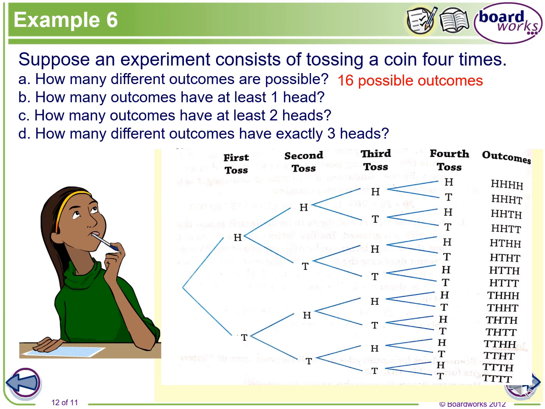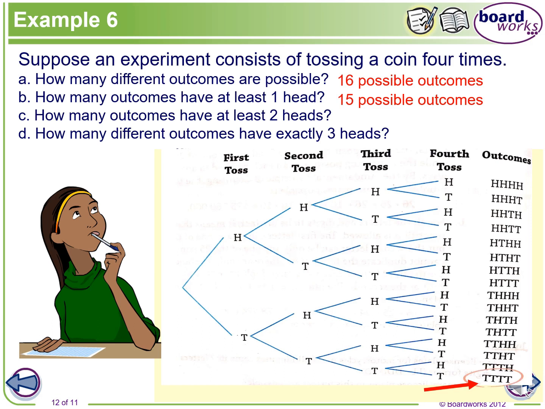Try to look at the outcomes there. Only one outcome is not possible for this question, which is tail, tail, tail, tail. It does not have a head, right? So we can say there will be 15 possible outcomes if you are going to have at least one head, right?